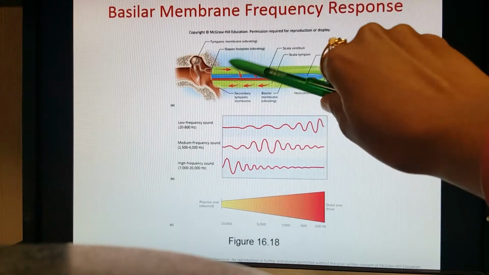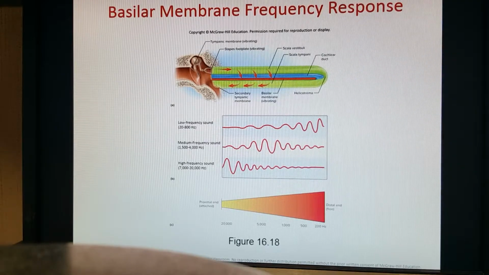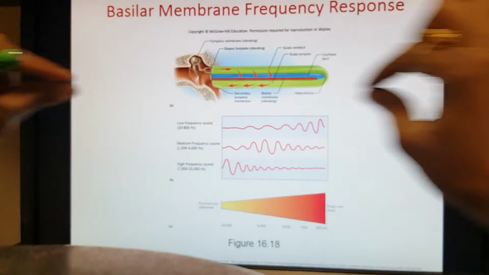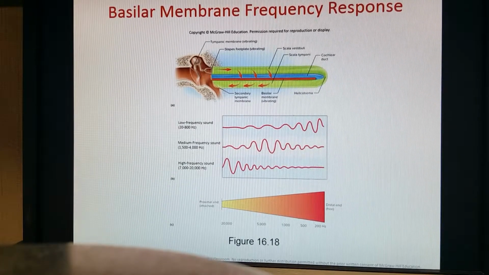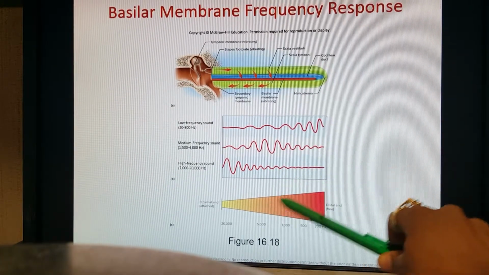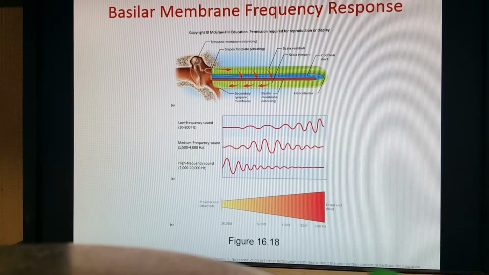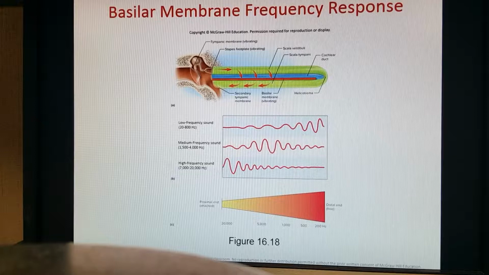Basically this is like your cochlea all rolled out, like a Cinnabon, rolling our cochlea out to form a nice straight basilar membrane. The middle portion is for medium frequency sounds, for example your speech, and then at the distal end your lower bass sounds.